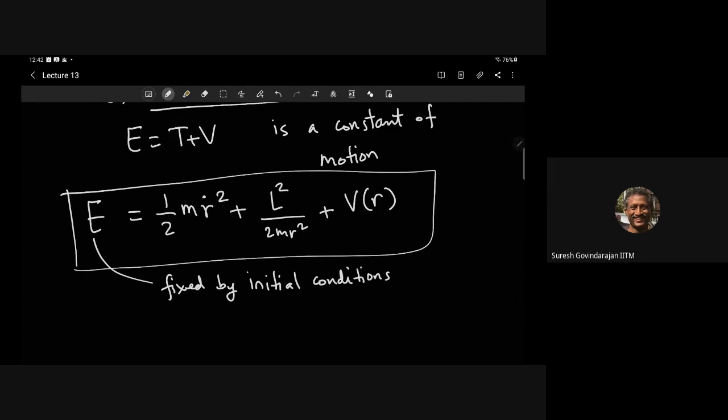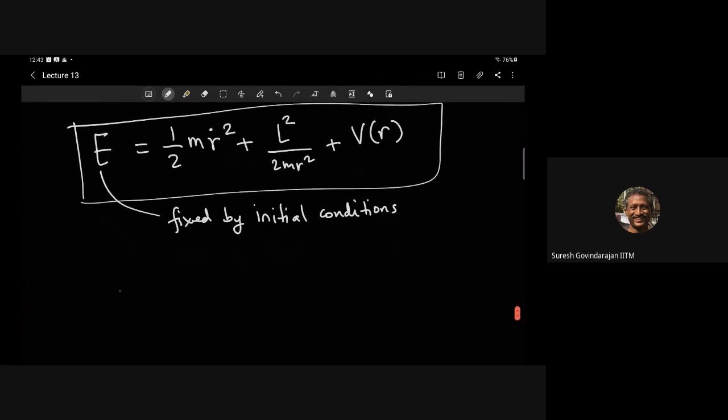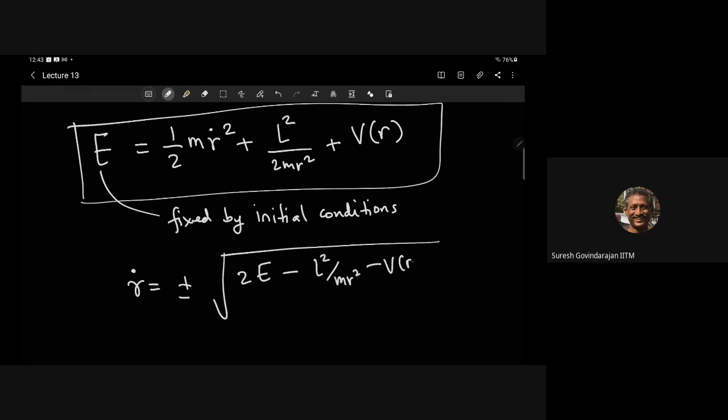Now we can use this and write r dot as plus or minus square root of 2E minus, and what do we have to do, divided by m.